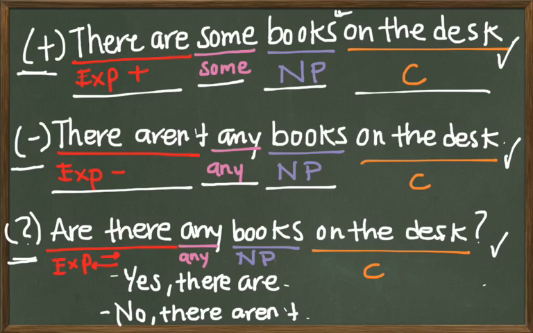Then in our question form, we have the expression changed from there are to are there. And then we have again our expression any, our noun in plural, books, and finally our complement on the desk.